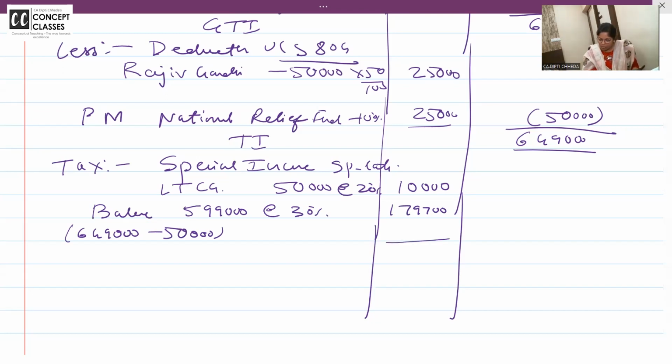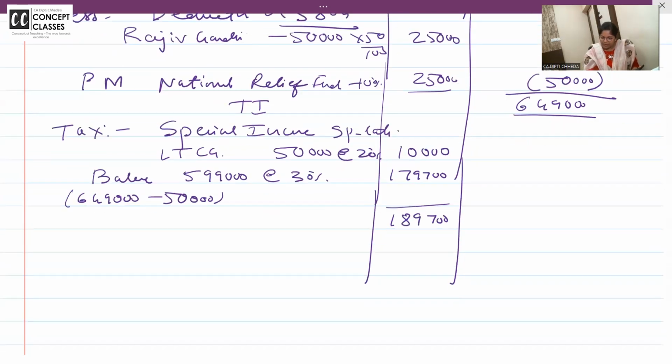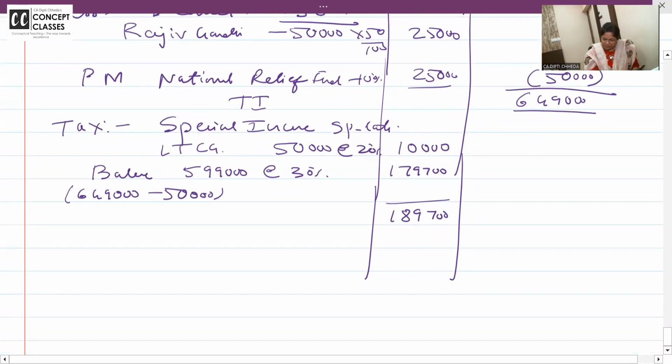So what is your normal tax coming to? 189,700. No surcharge. Directly health and education cess is 4%.